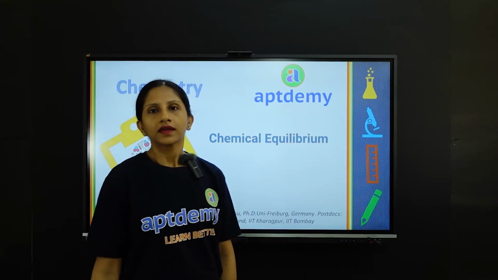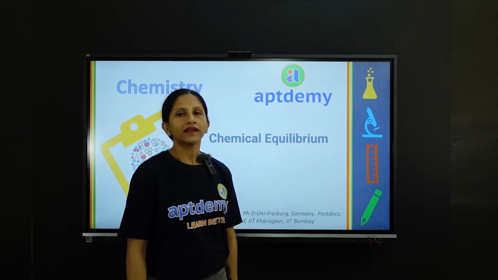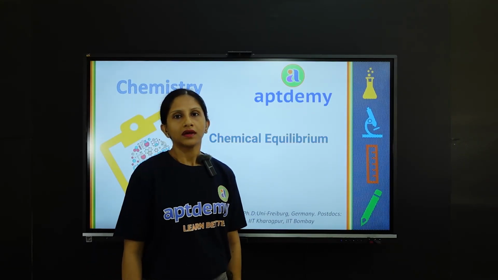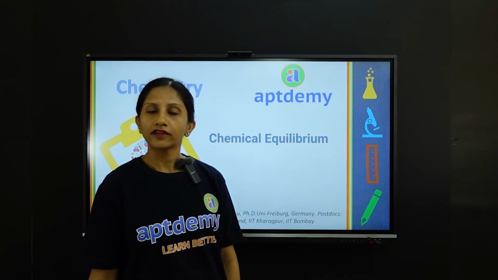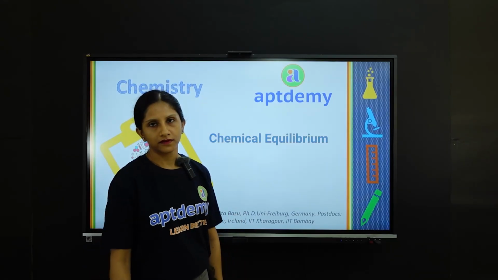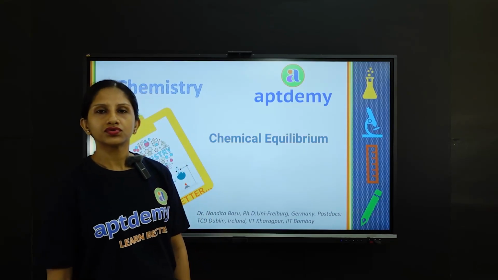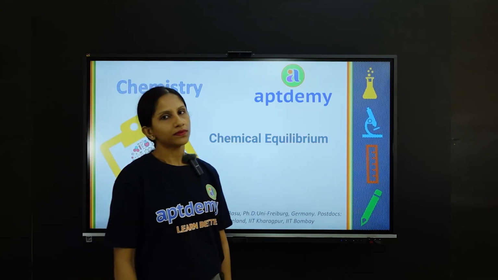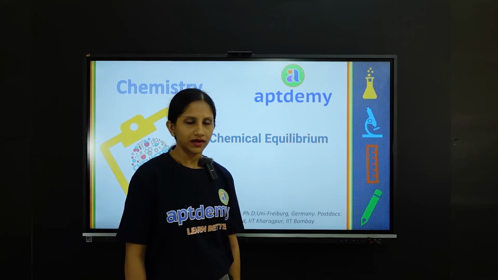Now this chemical equilibrium finds applications in environmental processes as well as some biological processes. So it is very important to have the concept of this kind of equilibrium, right?